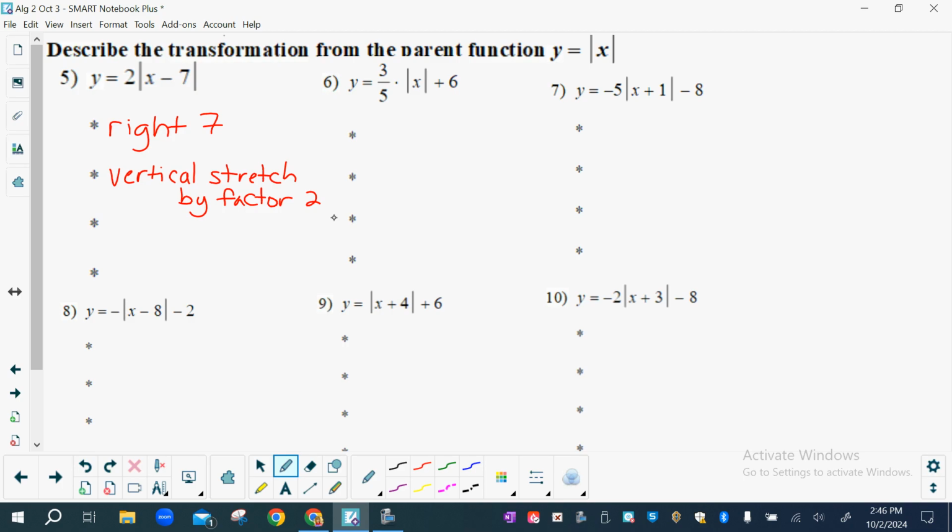Order is important here on this one. Right, number 6. Let's take a look and see what happens.